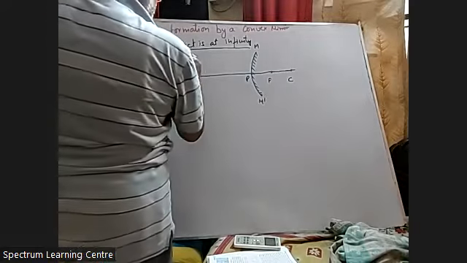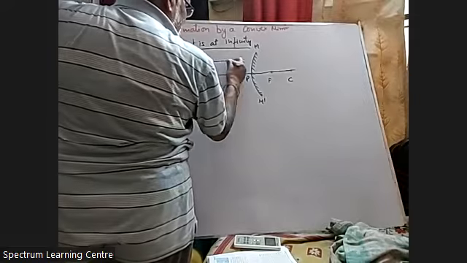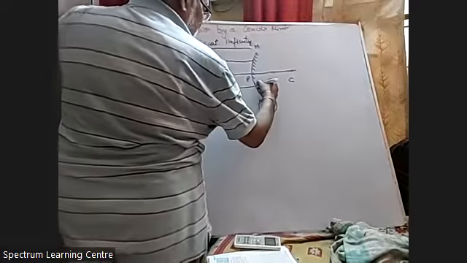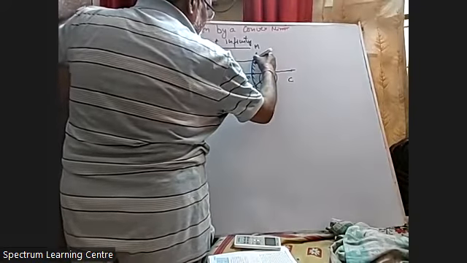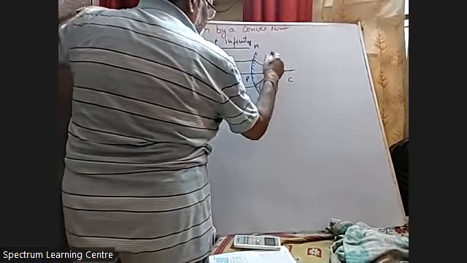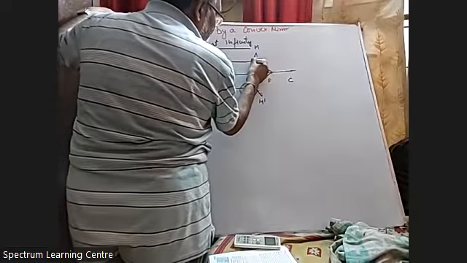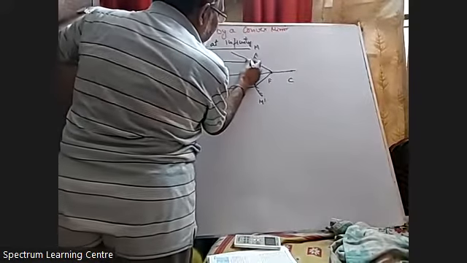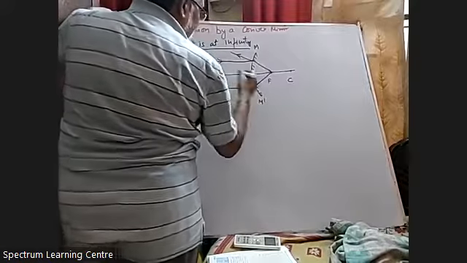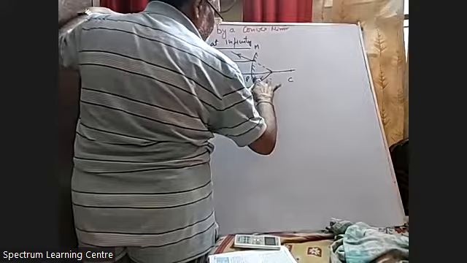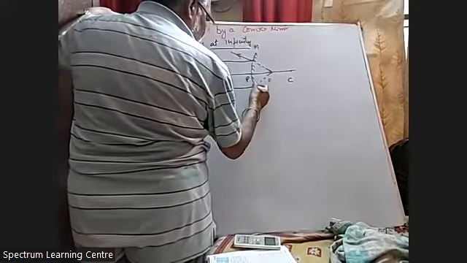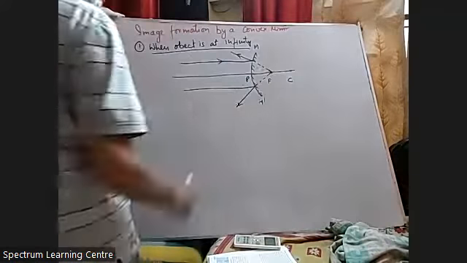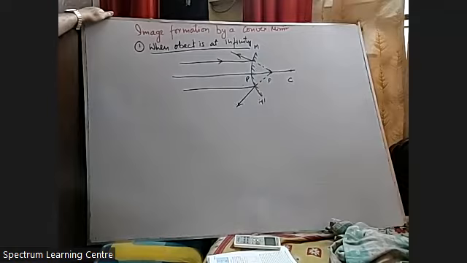Now, if the object is at infinity, then definitely the rays will come parallel to the principal axis, and after reflection, they will get diverged. This diagram is similar to the diagram we drew for locating the focus of convex mirror, right?